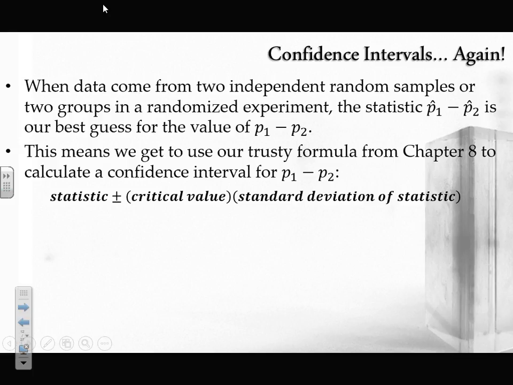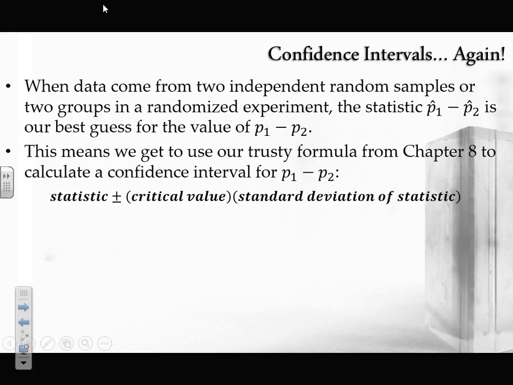If we convert to an interval, though, we don't have population values. So instead of p and q, we use p-hat and q-hat. So p-hat 1, q-hat 1 over n1, plus p-hat 2, q-hat 2 over n2. So when we're working with intervals, we only have sample values at our disposal, so that's the only thing we can use to run any of our calculations.